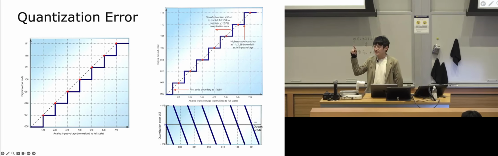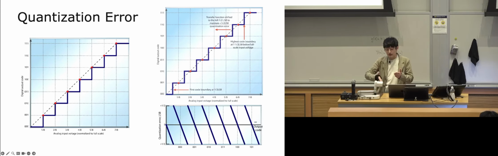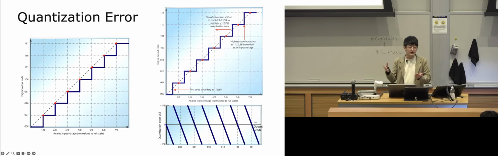And anything within that range of the least significant bit can go either way, depending on how you set it. You can set it to be the middle, or floor, or ceiling, however you set it. But in that range, you're going to have a quantization error that you cannot fix.